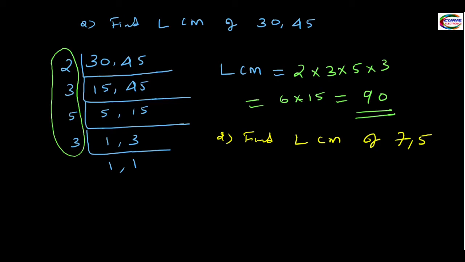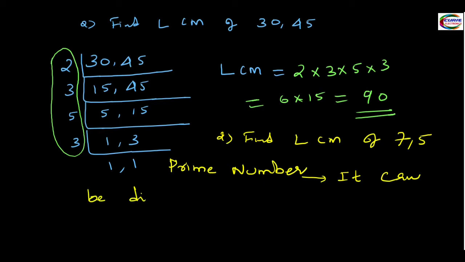What do you mean by a prime number? That means this number can be divided only by 1 and the number itself.